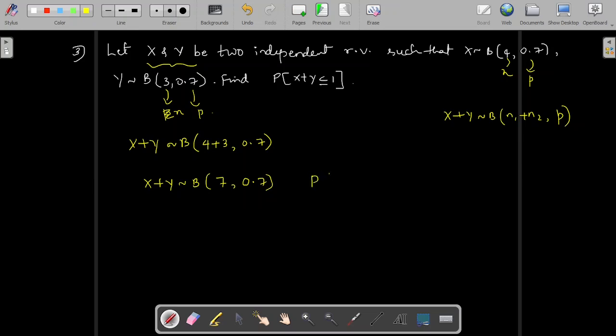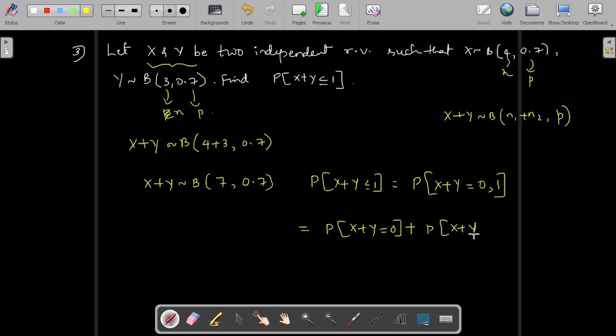What is asked? P of x plus y less than or equal to 1. Which are the possibilities? 0 and 1, no other possibility. So probability of x plus y equal to 0 and probability of x plus y equal to 1.